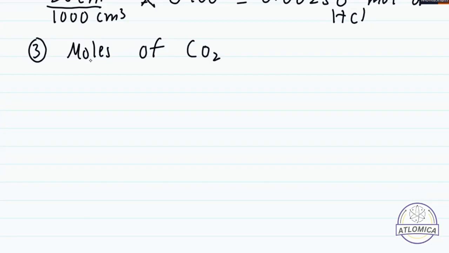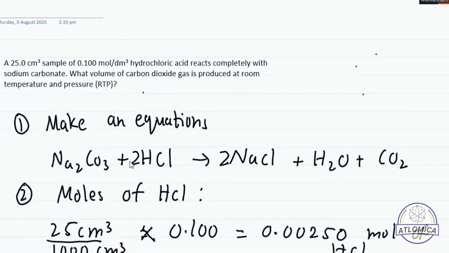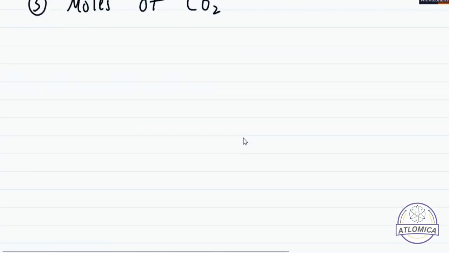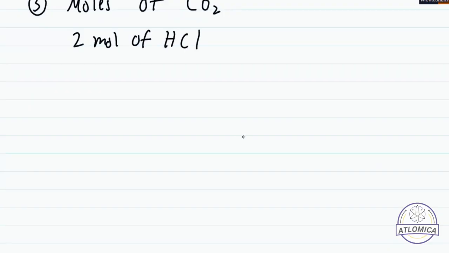By looking at this equation, I realize that 2 moles of HCl are required to form 1 mole of carbon dioxide. Keeping that ratio in mind, 2 moles of HCl is required to produce 1 mole of CO2.